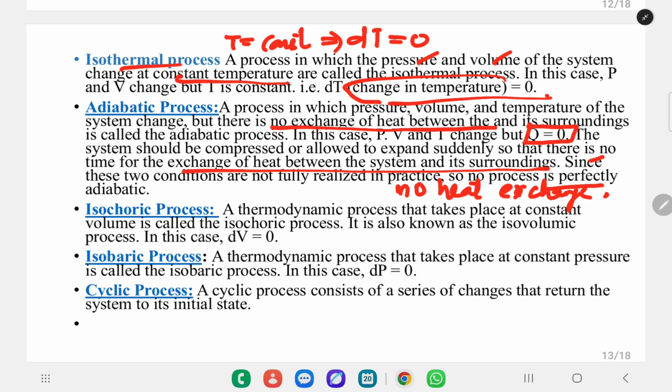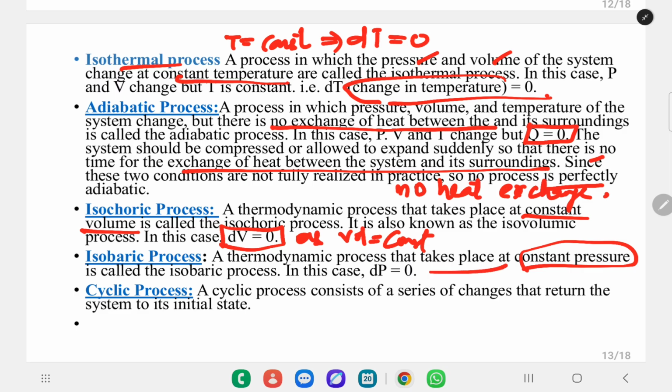Next, isochoric. In isochoric, volume is constant, so dV is equal to 0. Isobaric means constant pressure, so the change in pressure dP is 0. You have to remember, when the pressure is constant, the change in pressure becomes 0.